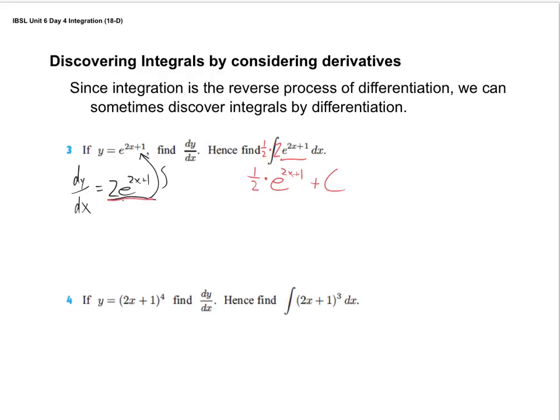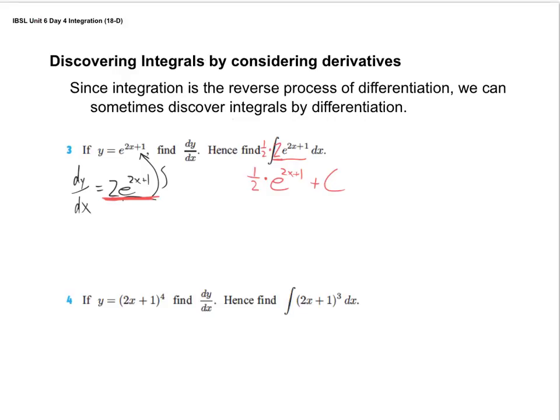Why don't the 1/2 and 2 just cancel out? Well, they would. That's why we were allowed to do it, because it would equal 1. But the reason we put the 2 in here is so that it would match what we had over here. The only reason we're allowed to do that is because we put the 1/2 outside as well. So you're right, it does cancel to 1.